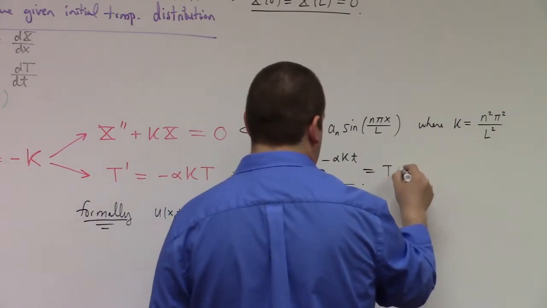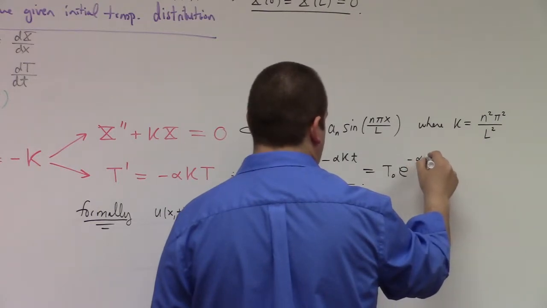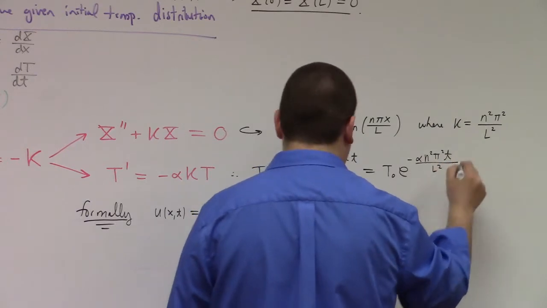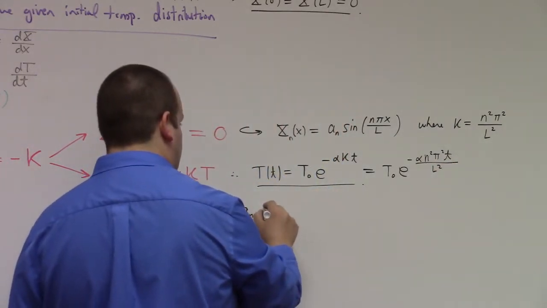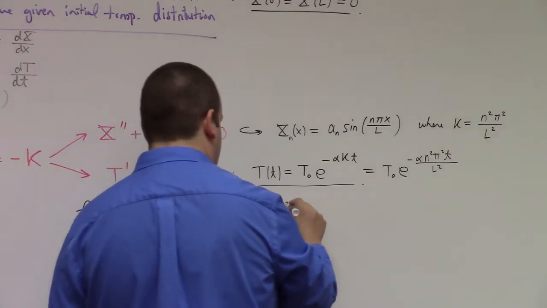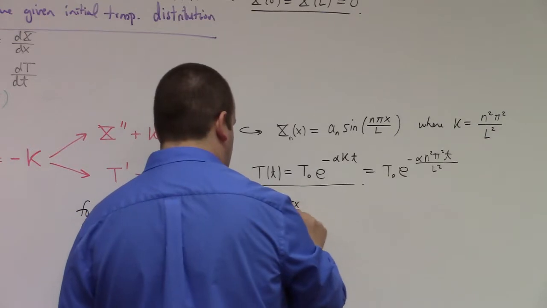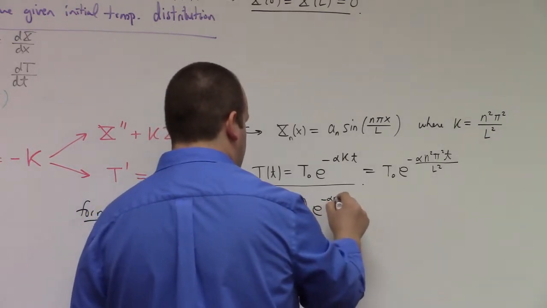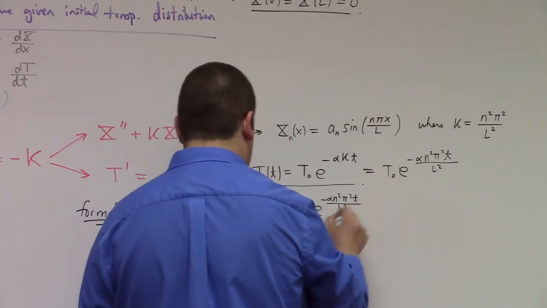T naught e to the minus alpha n squared pi squared t over L squared, right? So I have some constant a sub n times the sine of n pi x over L, e to the minus alpha n squared pi squared t over L squared.